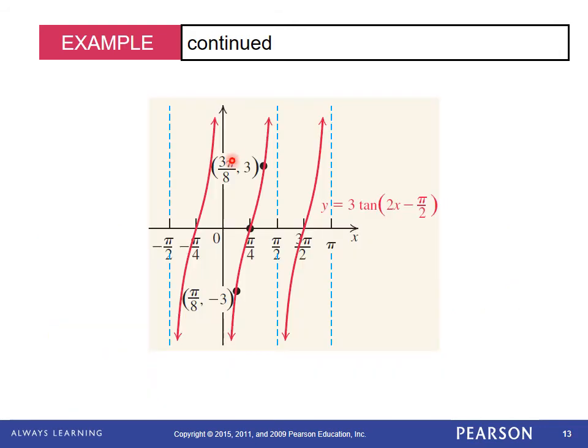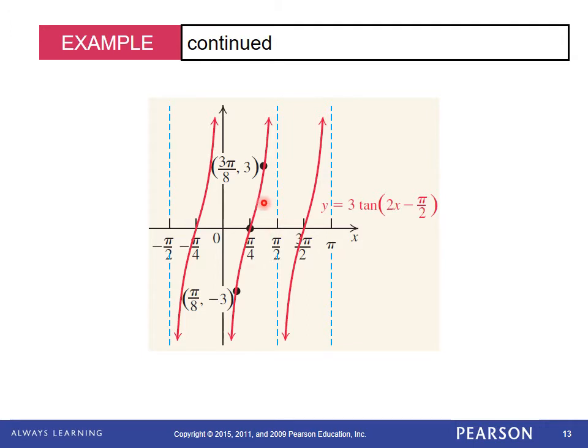So notice what we do here. It doesn't show it here, but there's a vertical asymptote coming down straight right here. My first vertical asymptote is at 0. My next vertical asymptote is at pi over 2. If that's the case, the middle point right here is going to be my 0. And then in between, the middle between here is almost like your 45 degrees.